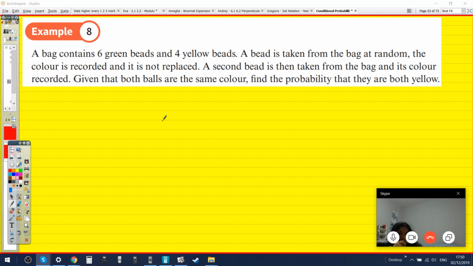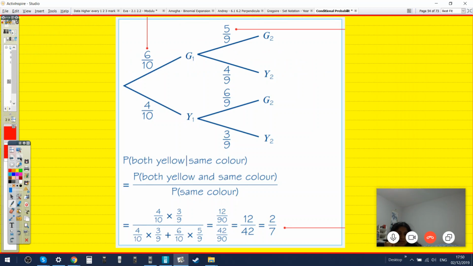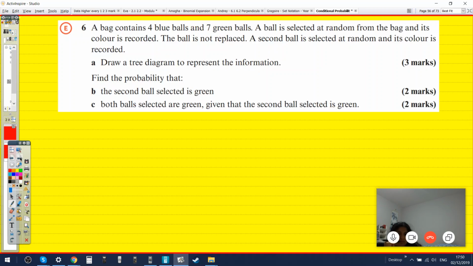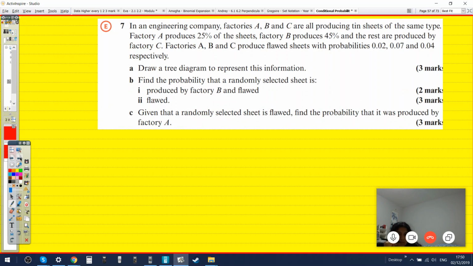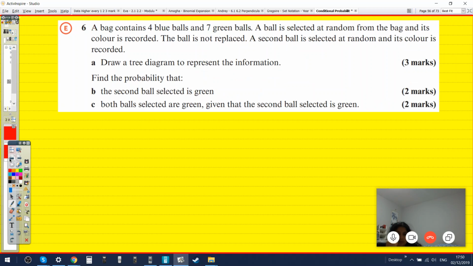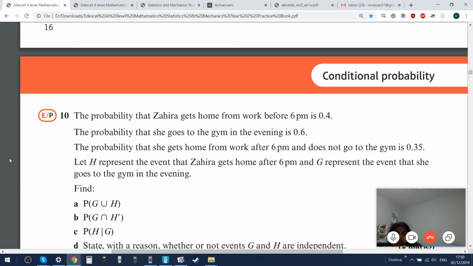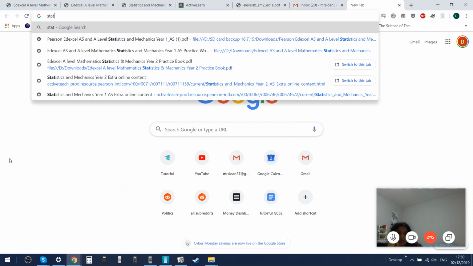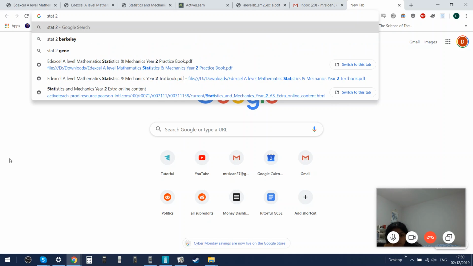Let's see. Find the probability both rows are the same color. Okay, this is going to be fine, I believe. We have to draw these things. One second, I have to find this thing. Stats 2.